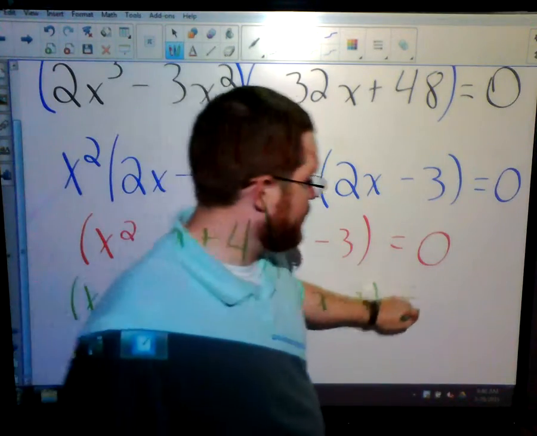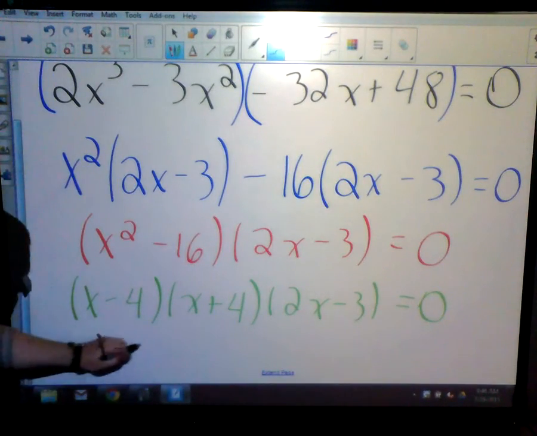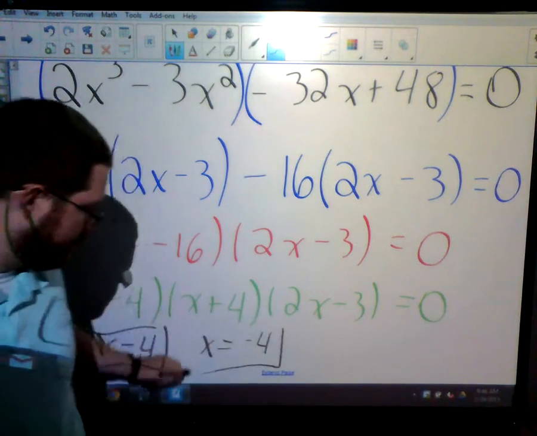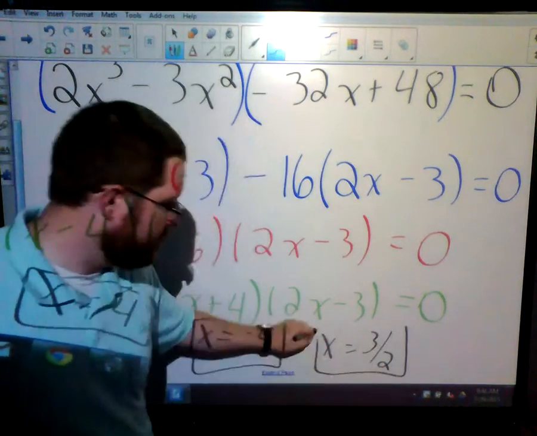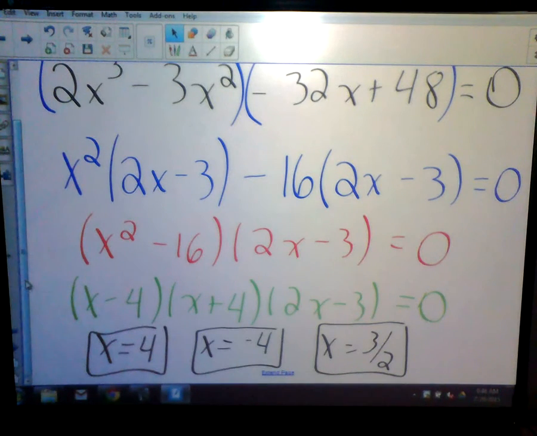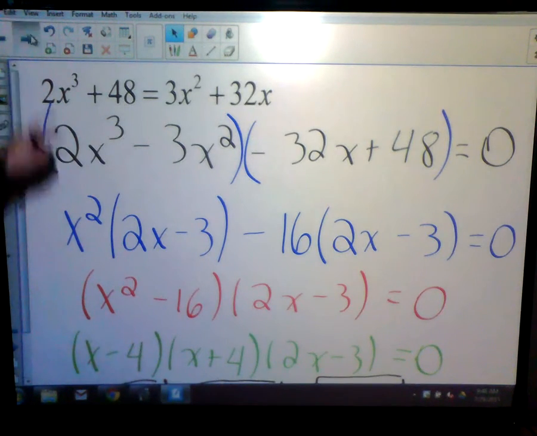But those are the factors. I didn't ask for the factors. I asked for the zeros. X equals 4, x equals negative 4, x equals positive 3 divided by 2. I have 3 answers. They're all real, so that's okay. I needed 3 answers. So this one works.